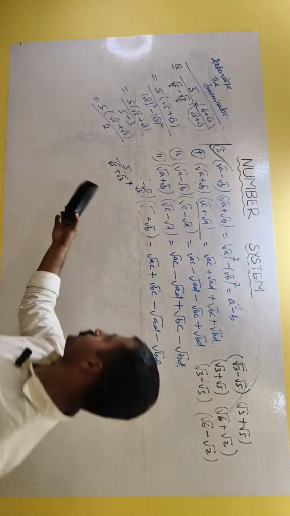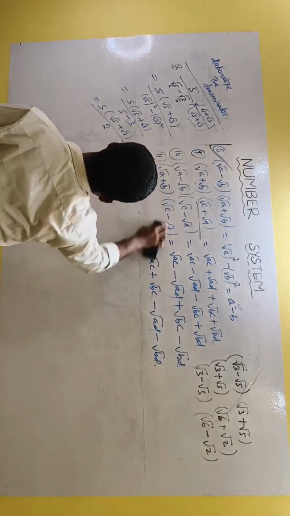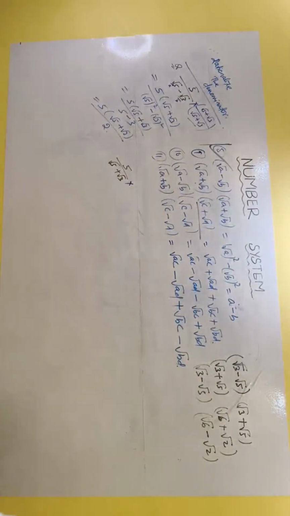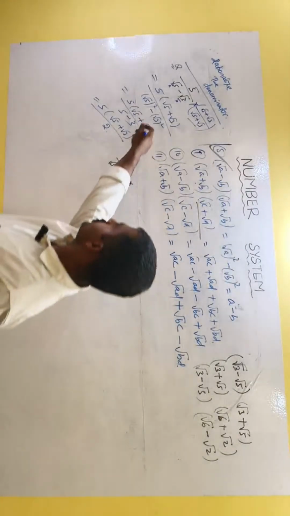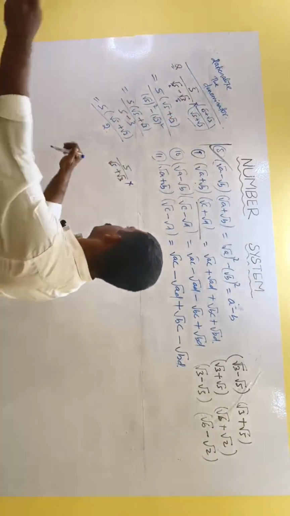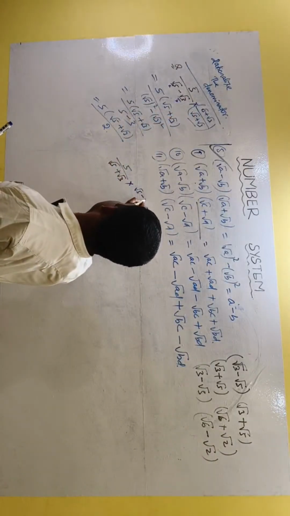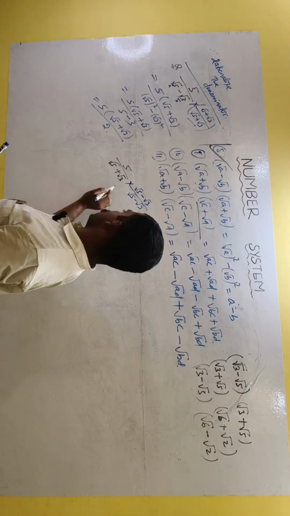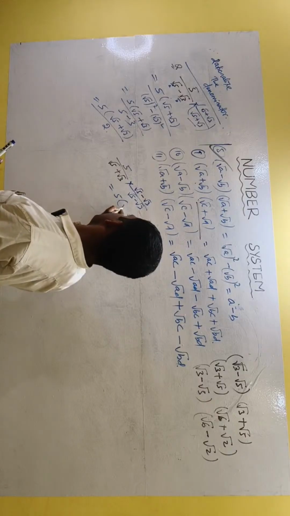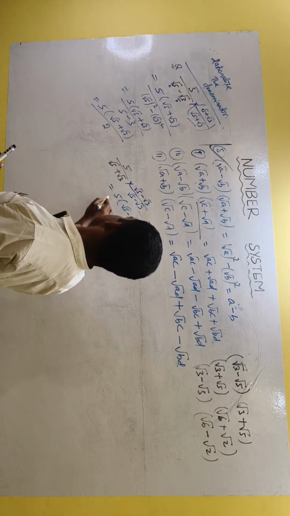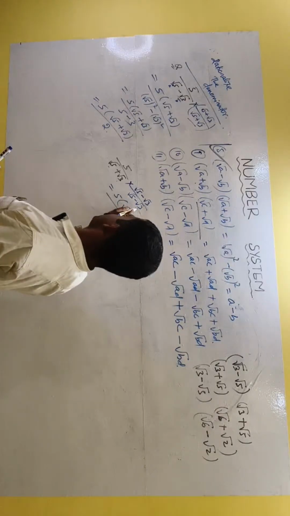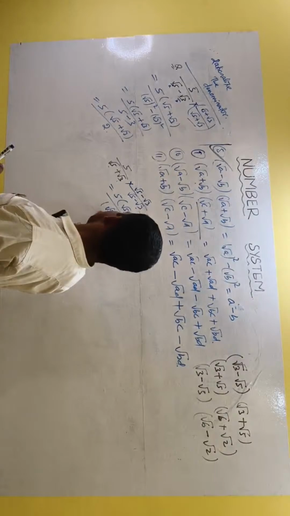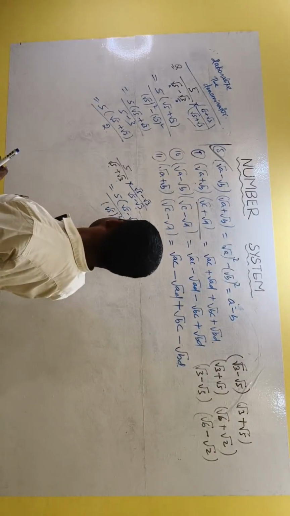The denominator is root 5 plus root 3, so we multiply by root 5 minus root 3. Whatever we multiply in the denominator, we multiply in the numerator as well. Now the answer will be 5 times root 5 minus root 3 divided by A plus B times A minus B, which is A square minus B square.